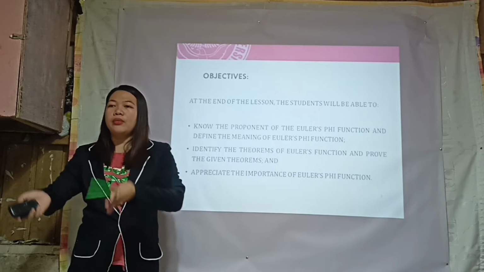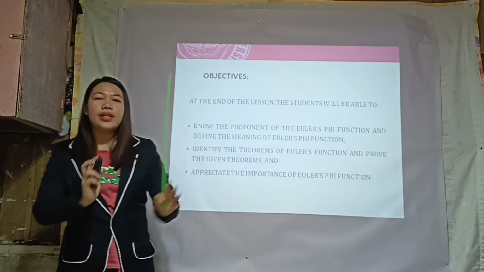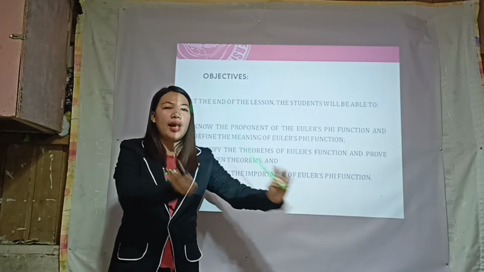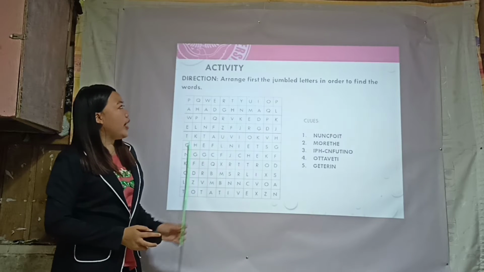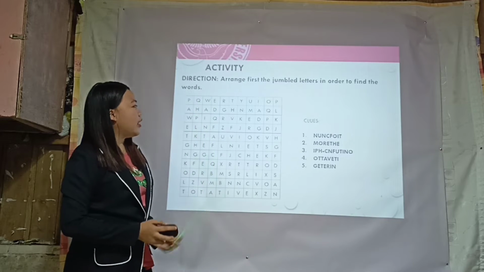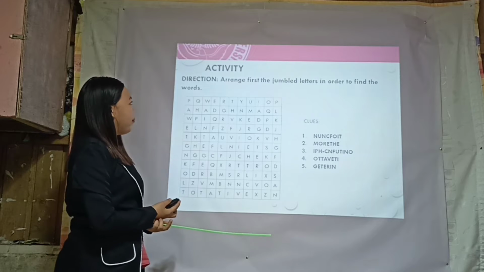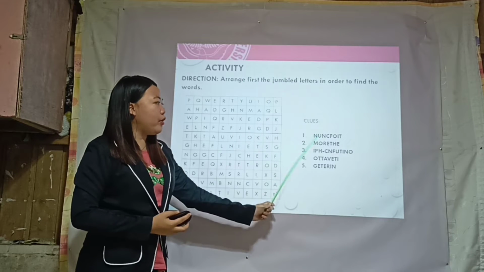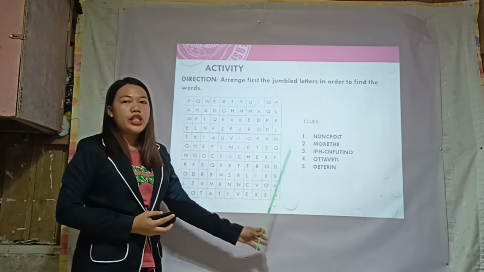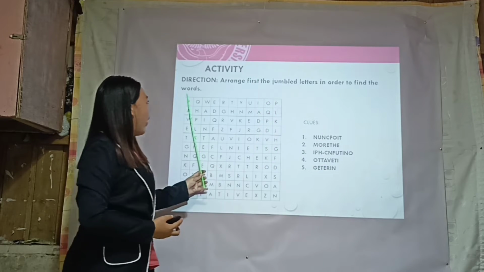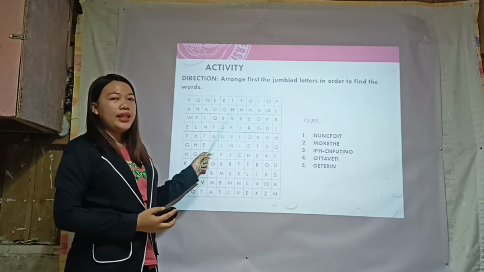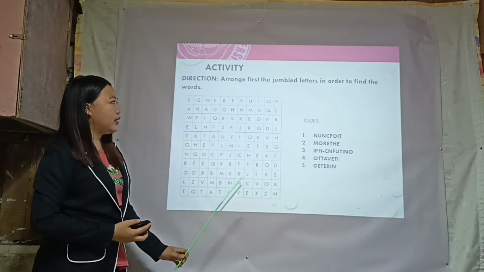So this column will be group 1, then group 2, and group 3. So our activity is all about Find Me. Arrange first the jumbled letters, which serve as a clue in order to find the words in this box.